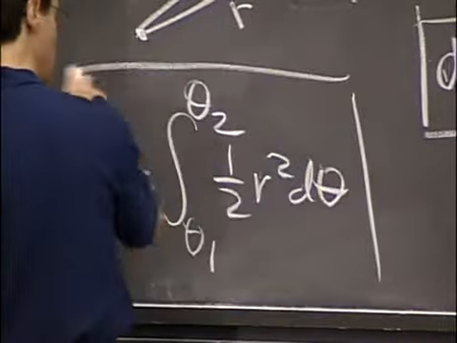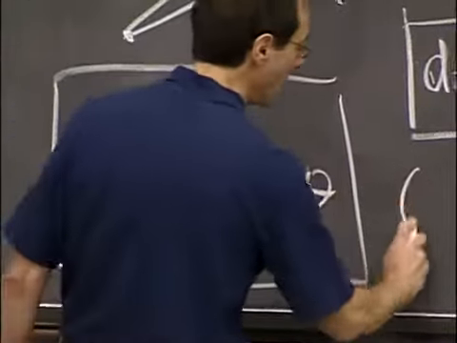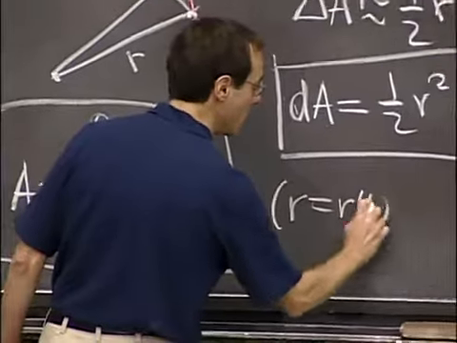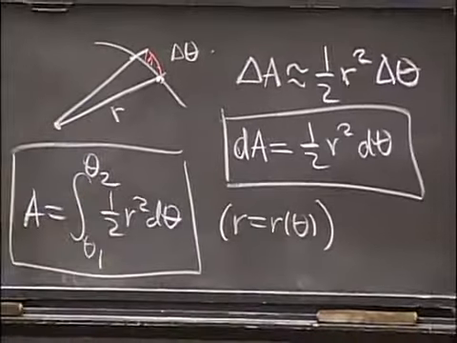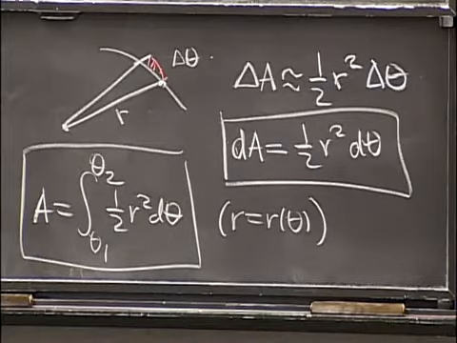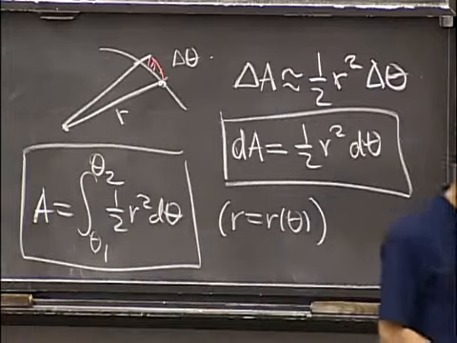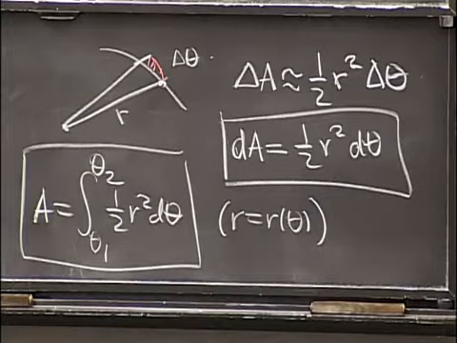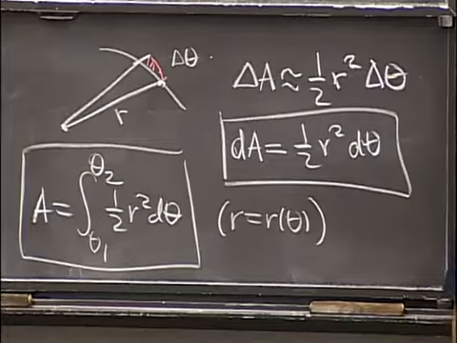Namely, this is the other important formula, and this is only useful when r is a function of theta, when this is the way in which the region is presented to us. All right, so that's the setup, and that's our main formula. Let's do an example.